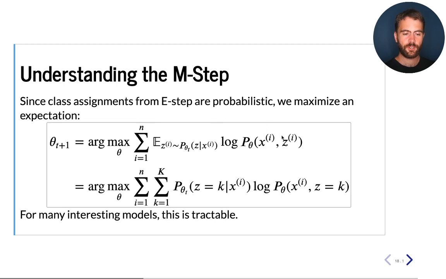Just to make it clear what this objective is, I have rewritten it here. I have just rewritten the expectation as the sum over these k clusters, and for each data point, we are maximizing again the expected probability of the data, given that the cluster is k.